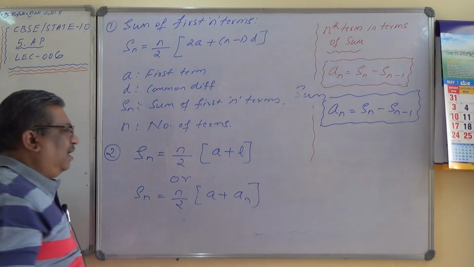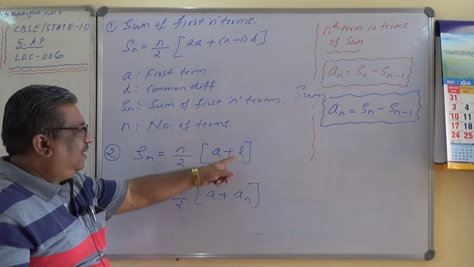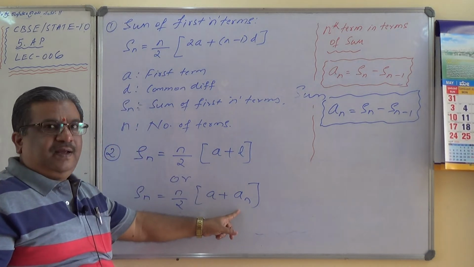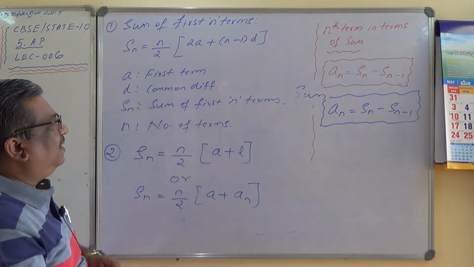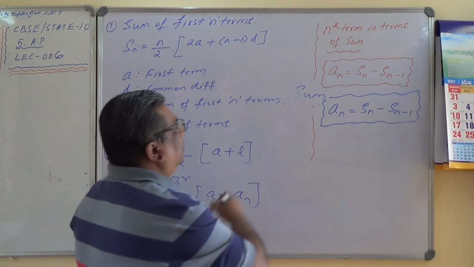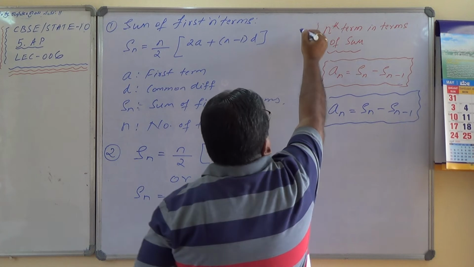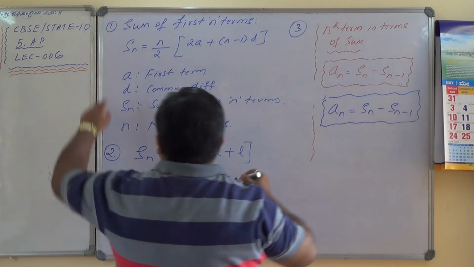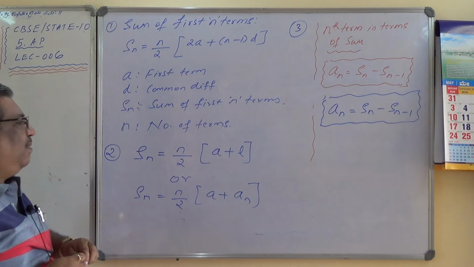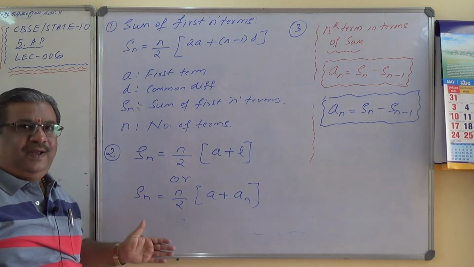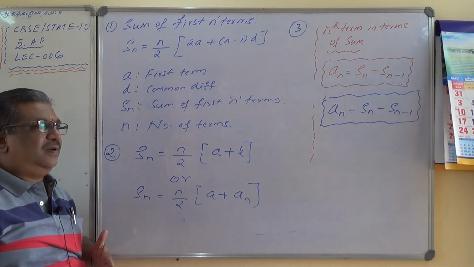Please remember, you need to remember both of these. an is nothing but l, which is the last term. And finally, this is the third formula. So 1, 2, 3, these 3 formulae are the ones you have to remember. First, you note it down, and then I'll go to solving the numericals.